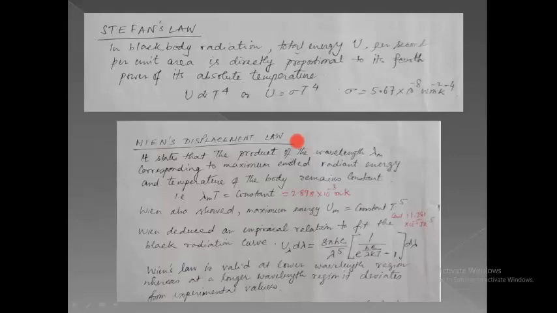His graph from this formula and the experimental curve I showed you in my last slide did not fit completely. Which portion did it fail in? In the higher wavelength range. So Wien's law could explain the lower wavelength part but failed to explain the longer wavelength part.